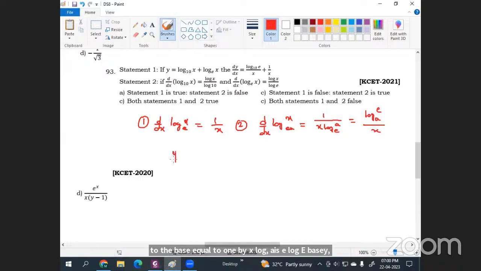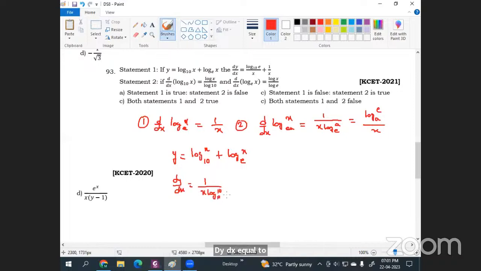Now the question is y equal to log x to the base 10 plus log x to the base e. dy by dx equal to 1 by x log 10 base e plus 1 by x. Yes, it is true.